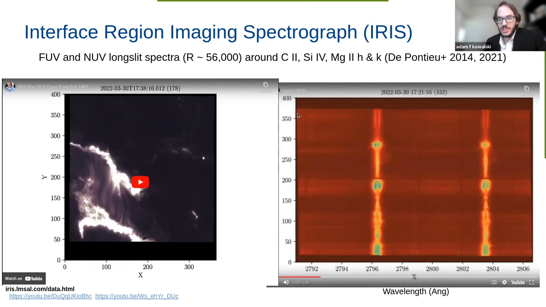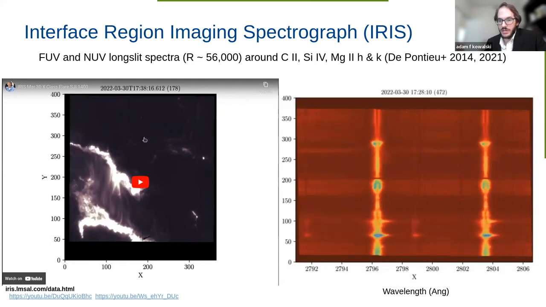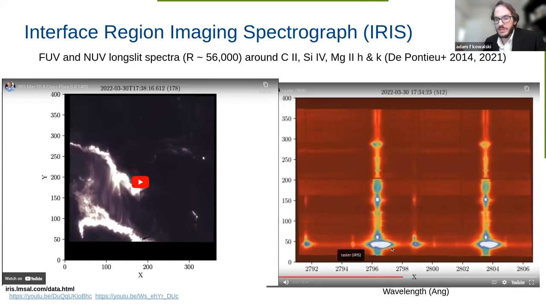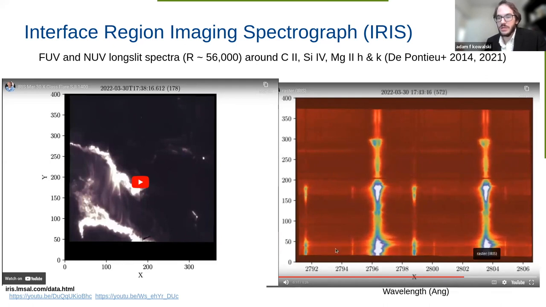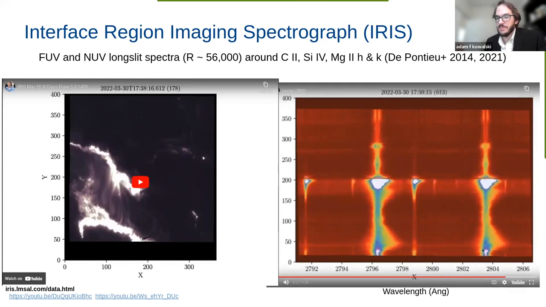So every position here vertically corresponds to a different spatial location on the slit. So there's the flare ribbons. You can see the really incredible redshifts that form in the broadband continuum response. This is magnesium-2K and magnesium-2H.